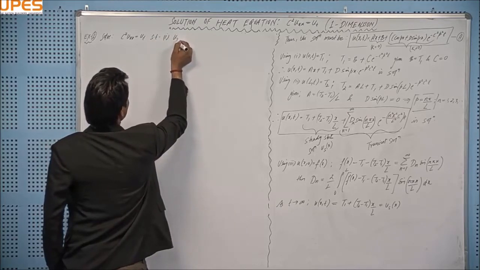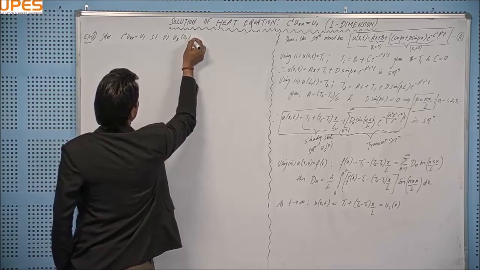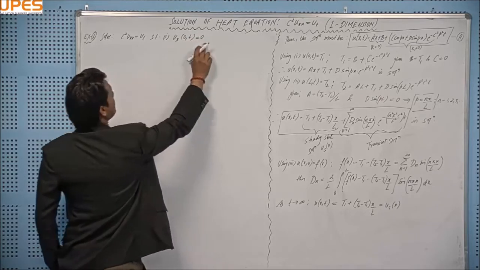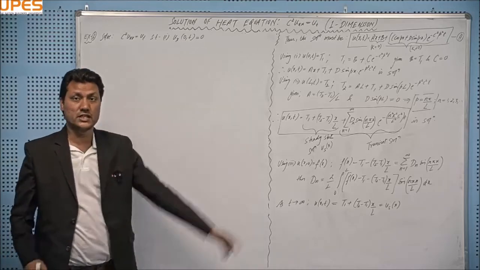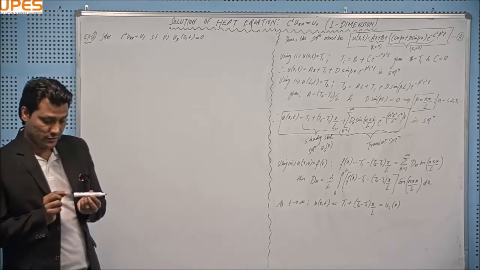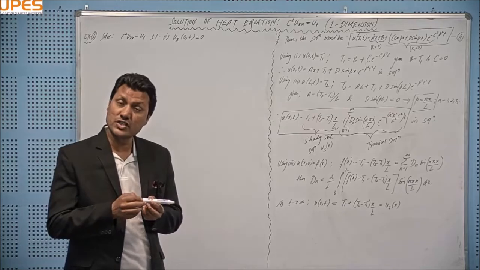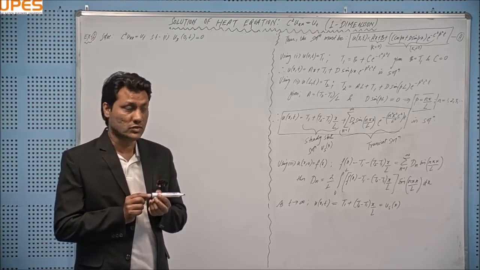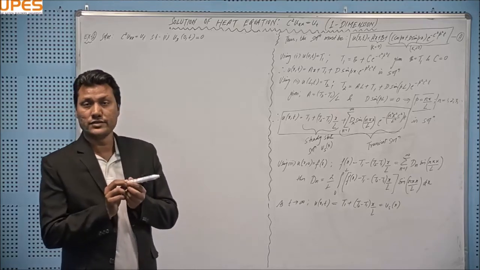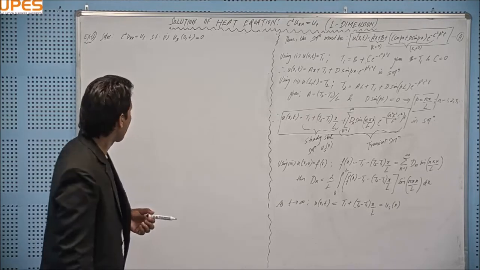The left end is insulated, and for that I have to write ux(0,t) equal to 0. This is for insulation of the left end, right? The derivative with respect to x should be 0. It indicates that the flow of heat, or the change in temperature in the neighborhood of x equal to 0, is 0, right?